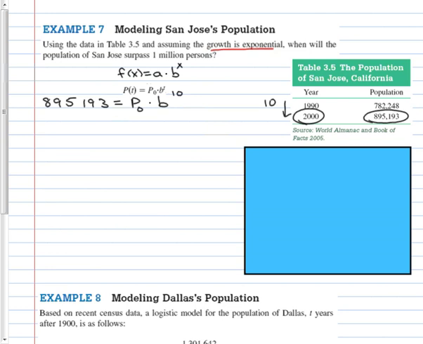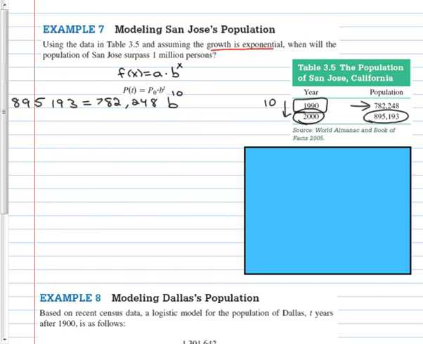What am I trying to do here? My population at time 0, I'll get this right eventually. My population that I start with is 782,248. There, I finally got it warmed up. This 895,000 will equal my starting point 10 years later.